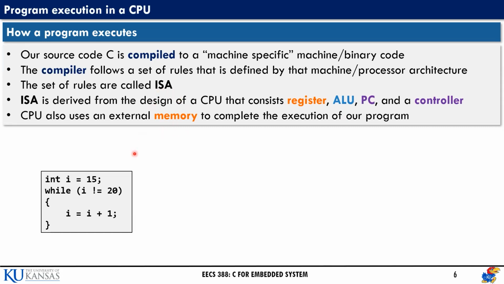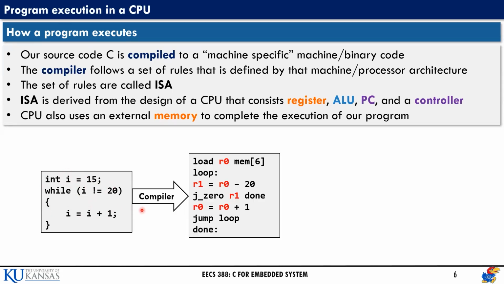For example, if we write a source code, you can see here we have a very simple source code, a while loop, and just the iterative addition of a variable. So we compile our source code, and we get this assembly code.